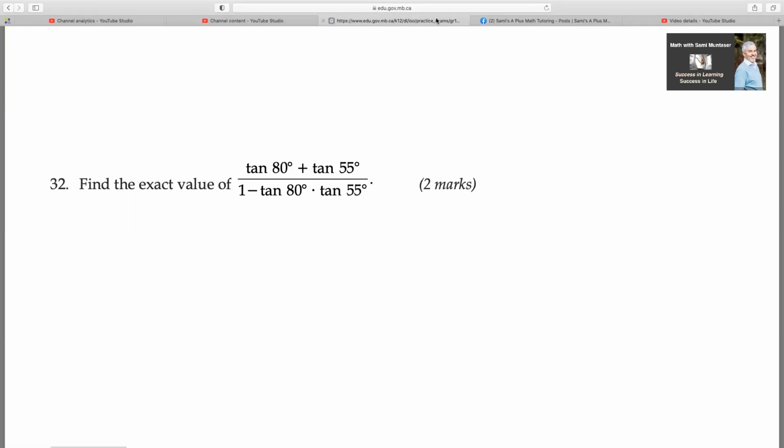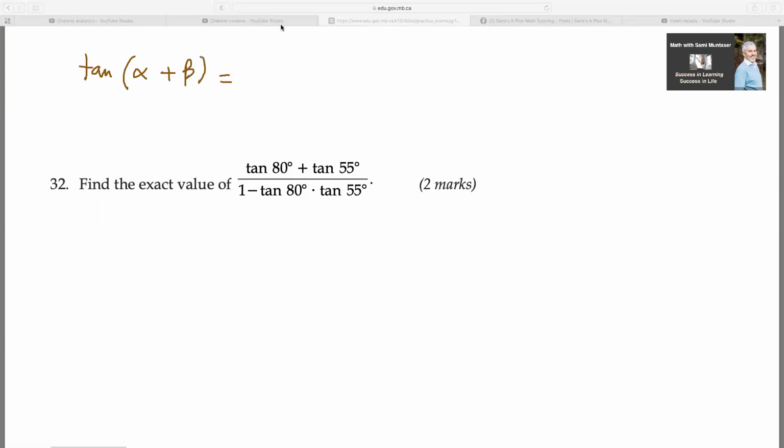Tan of alpha plus beta gives you tan alpha plus tan beta over 1 minus tan alpha tan beta. As ugly and complicated as this looks, it's not really complicated.